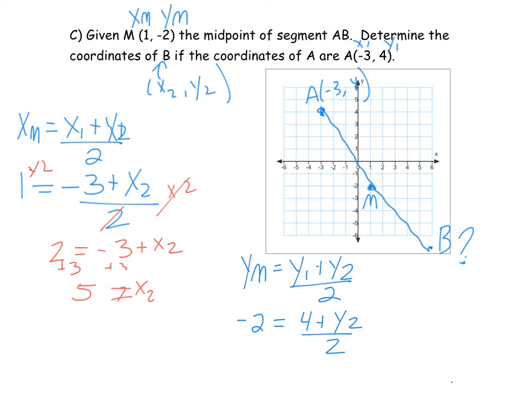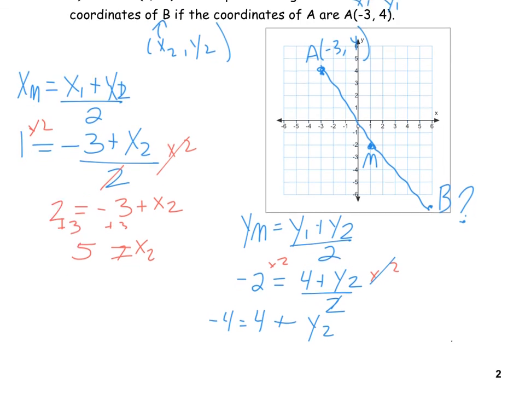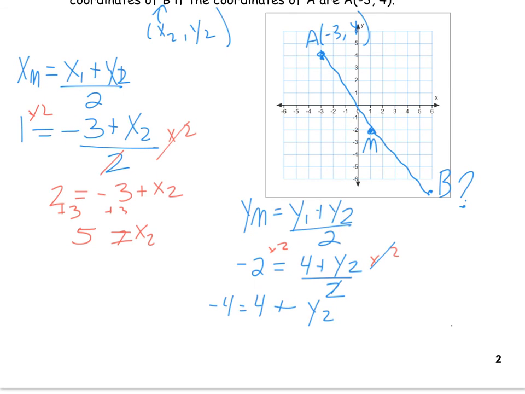Divide by 2. Now, like the last example, multiply both sides by 2. So I have negative 4 equals 4 plus y2. So these two have canceled. And then to get y2 by itself, I'm going to subtract 4 from both sides.